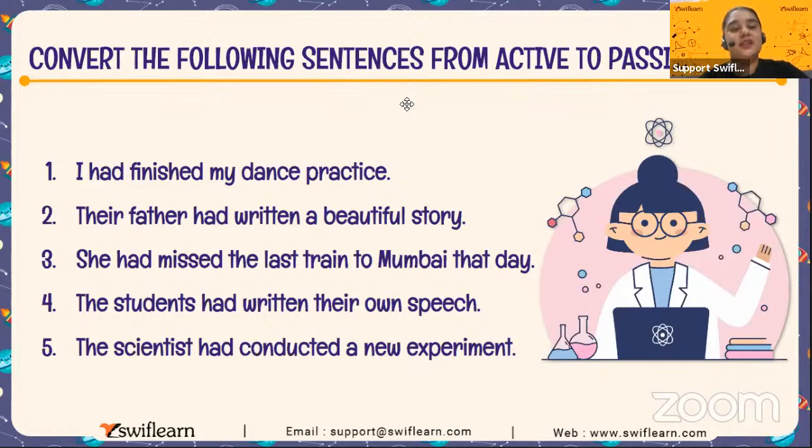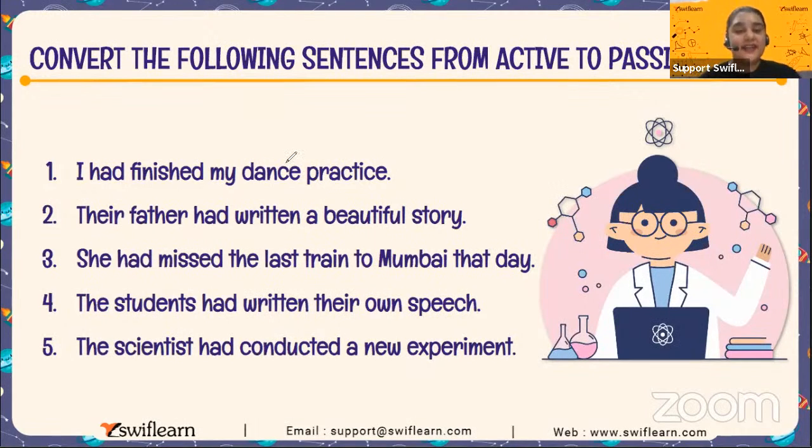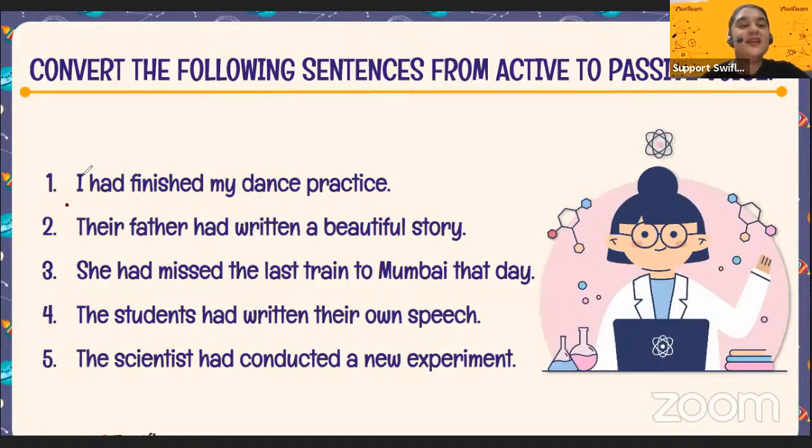Okay. So let's start it. Let's see your answers. So tell me in the first one. I had finished my dance practice. Tell me here the subject. Yes, your subject is I. Okay. And which one is the verb?